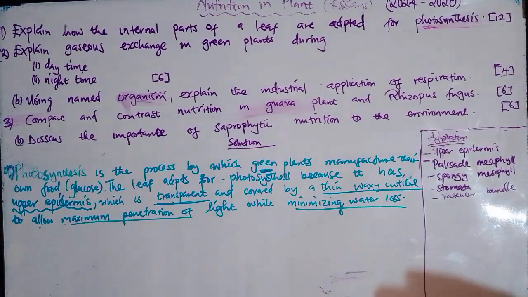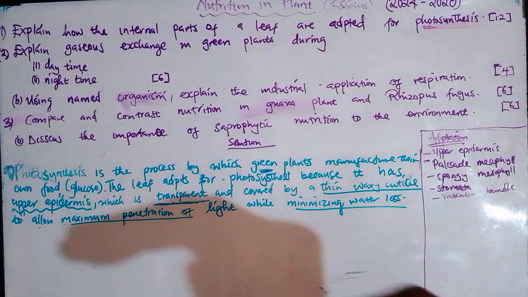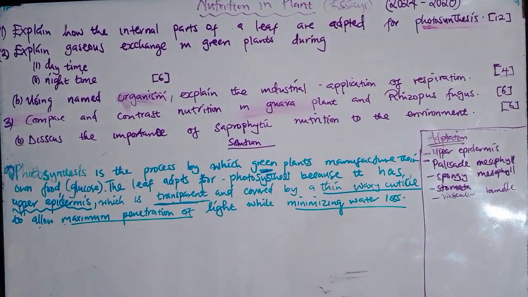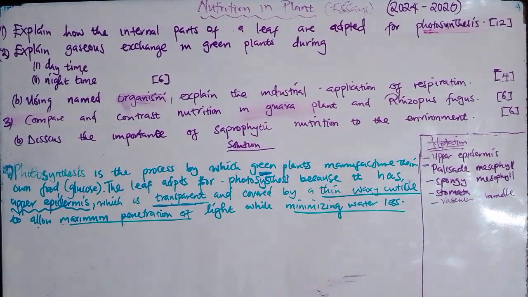The leaf has the upper epidermis, which is transparent and is covered by a thin wax. We know that wax is responsible for reducing the loss of water, and it also allows the maximum penetration of sunlight. So this is the first.